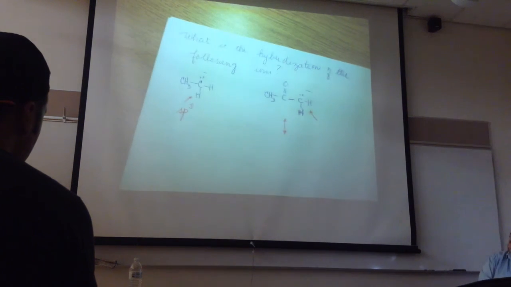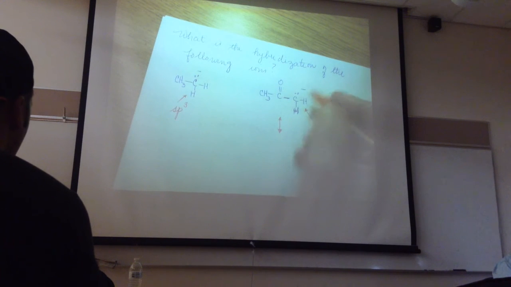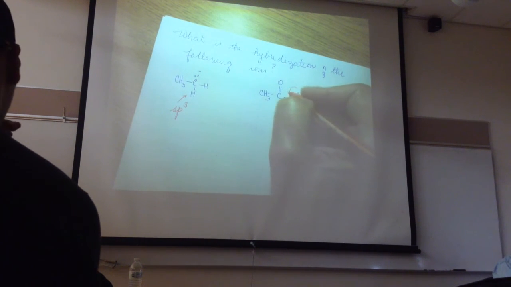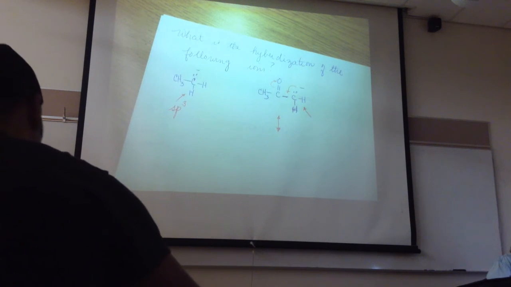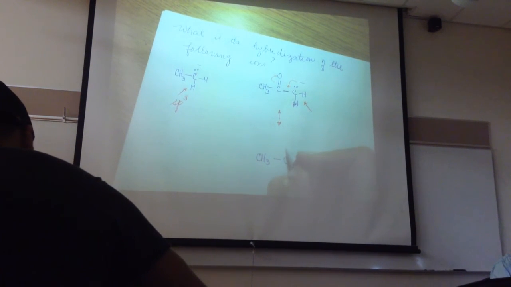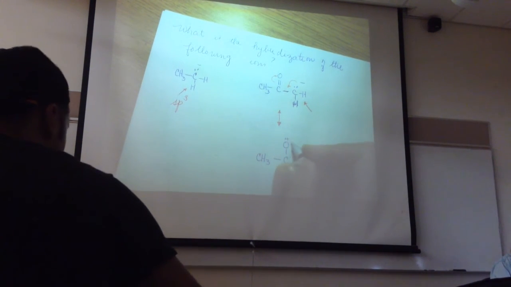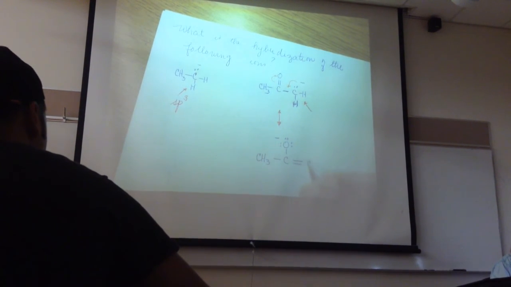If you can move this pair of electrons here to the top, now this new structure looks like this. This is a CH3, this is a C now, O with dots and minus, and here you have that.